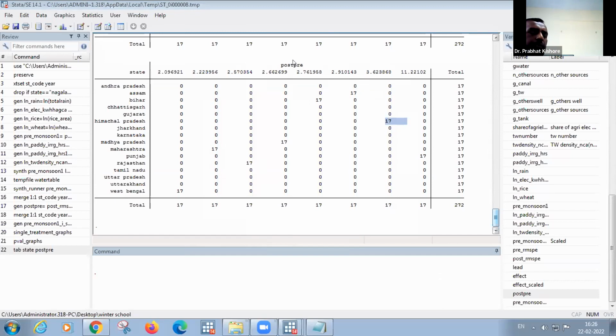At least before the intervention, there should be observations. If there is some observation for the years, based on that it will take the average. If an observation is not there, it will just discard that variable. So for the variables you include in the model, before starting any analysis, you should check the availability of data.